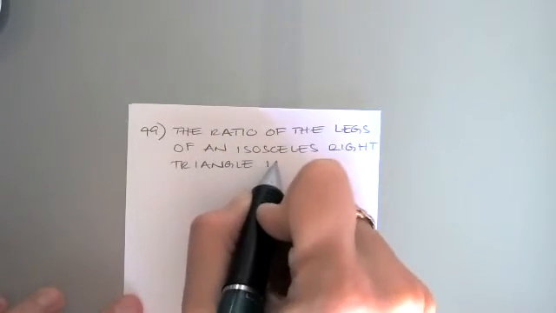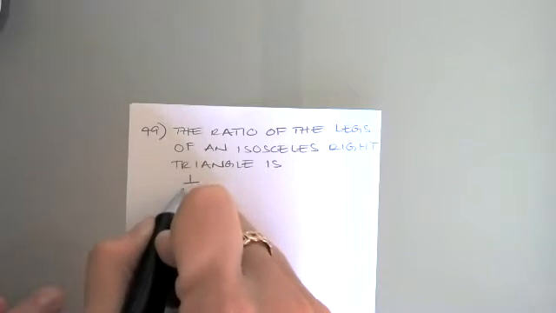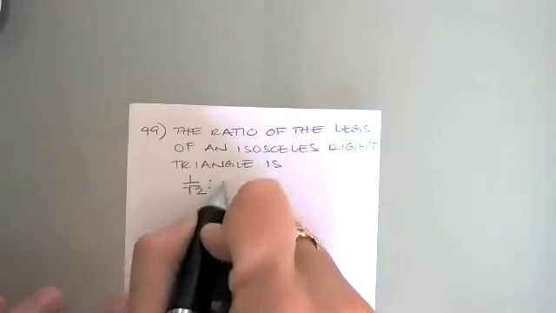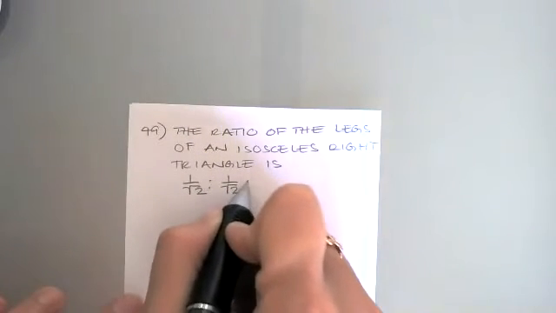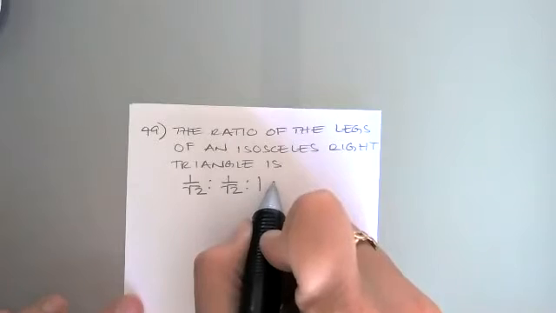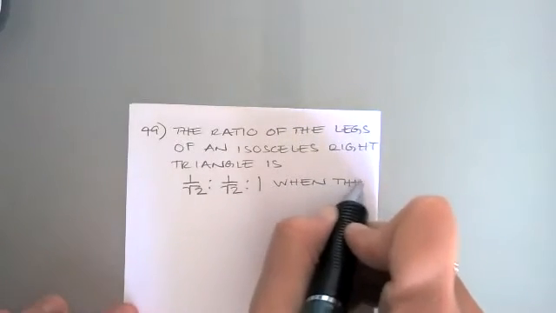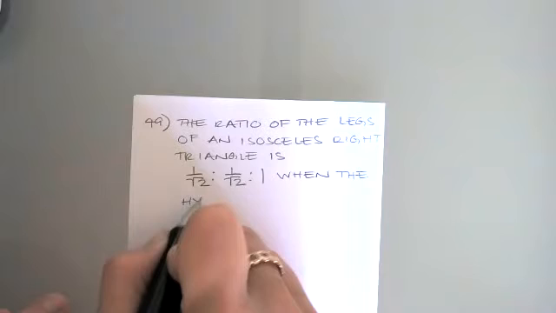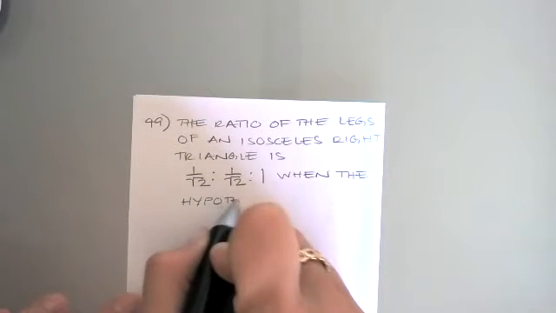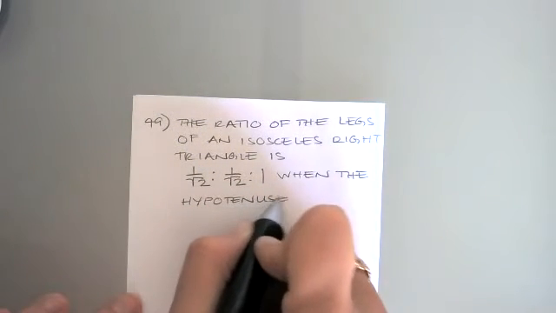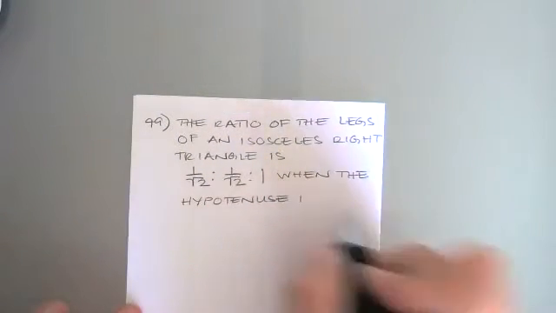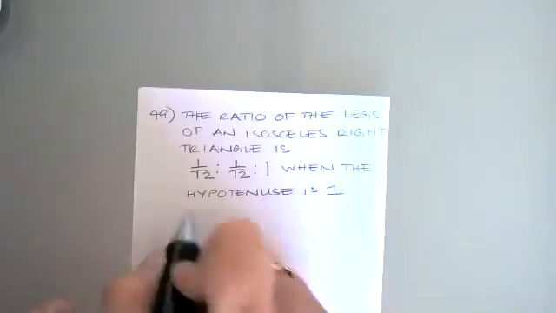The ratio is, so we've got 1 over the square root of 2 and 1 over the square root of 2 to 1 when the hypotenuse is 1 unit long.